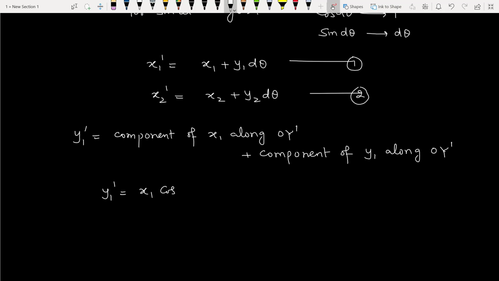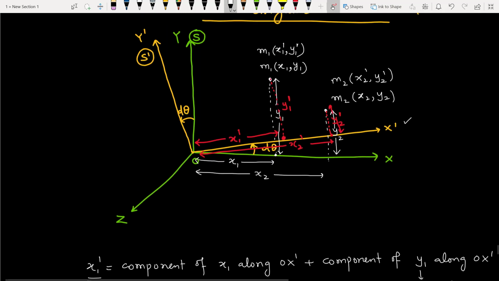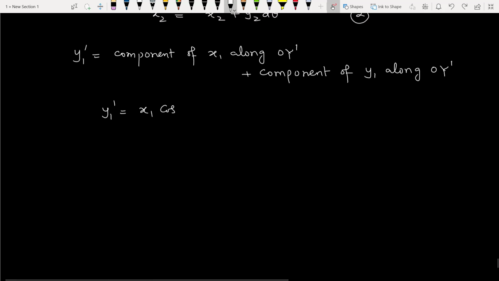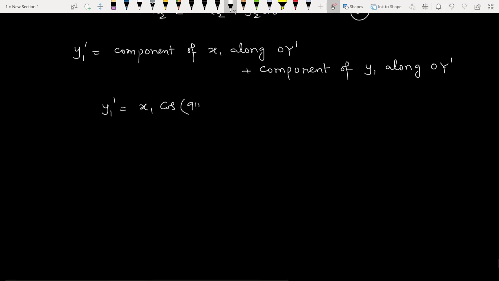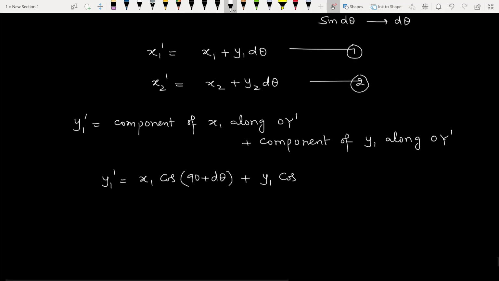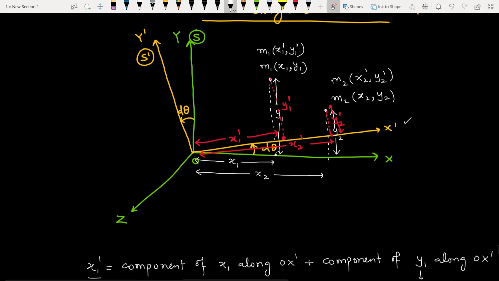What is the angle of x1 with the OY dash axis? It is this angle. It is 90 plus d theta. Plus y1 cos, the component of y1 along the OY dash axis. This is y1, it is parallel to this green line, and this angle is d theta.